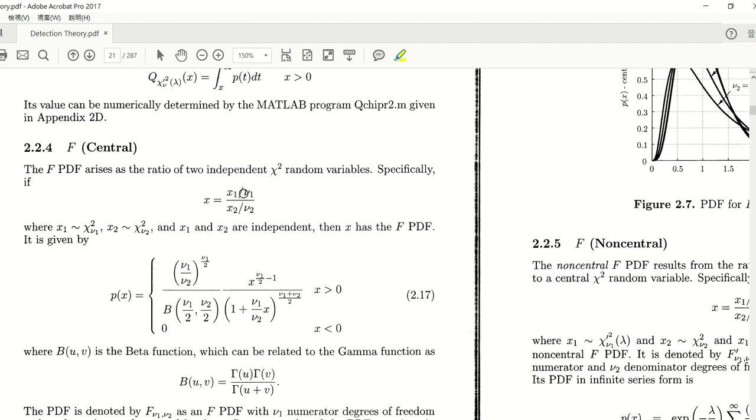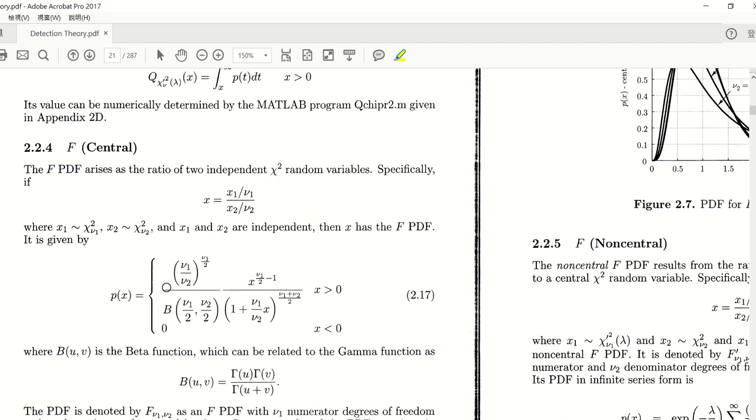Right? Now we have v1 defined here, and v2 also defined here. And then it has exponent v1 over 2.